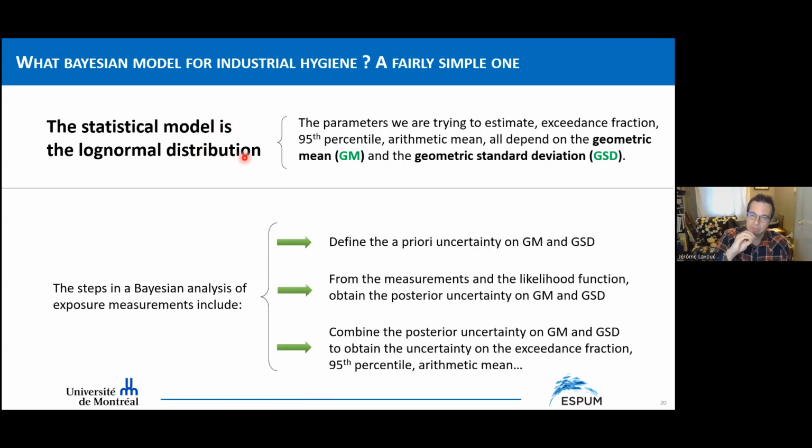So the parameters that we are going to estimate with our industrial hygiene Bayesian model are geometric mean and geometric standard deviation. So we need to define what we know in advance about these parameters. Then we get histograms, 25,000 values for each of them. And then we use these to get to 25,000 values of the risk parameter of interest to us. So I'm going to go through that with you.